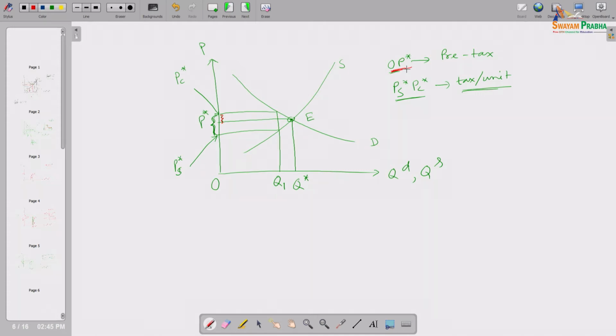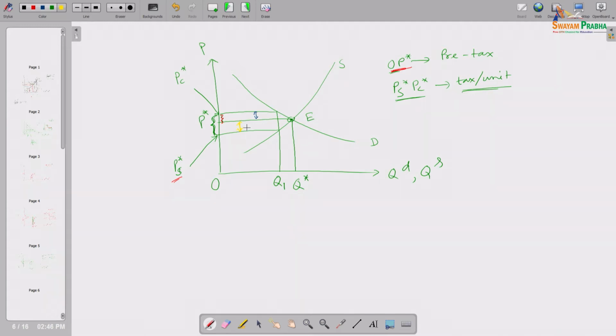After the tax sellers are getting this price OPS star. So, sellers also are not getting exactly the tax amount less, a little bit less than that. So, buyers are paying this much more and sellers are getting this much less after the tax.